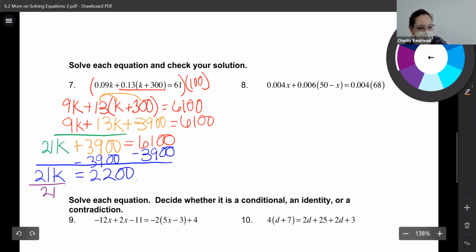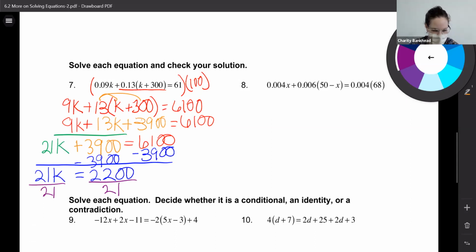So now I just divide both sides by 21. So I think 7. Oh, but let's see. They probably would want the answer to be in the form of a decimal. So I guess we'll just divide, like with long division.